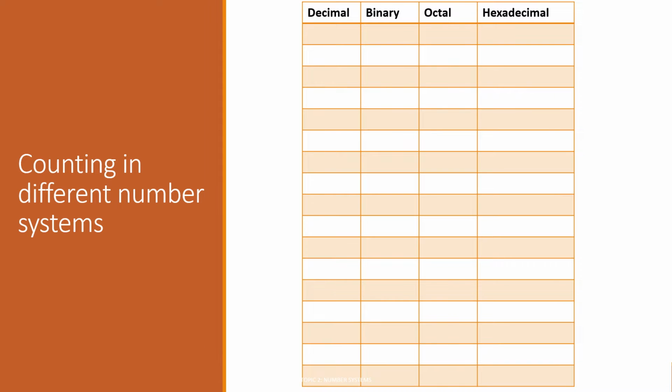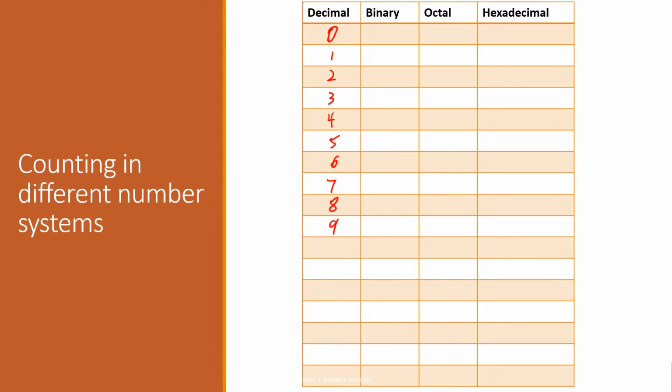Whenever we want to learn a new number system, the first thing we want to know is how to count, right? So now let's try to count in different number systems. For decimal, no need to say, just write it down. Start from 0, 1, 2, 3, 4, 5, 6, 7, 8, 9.